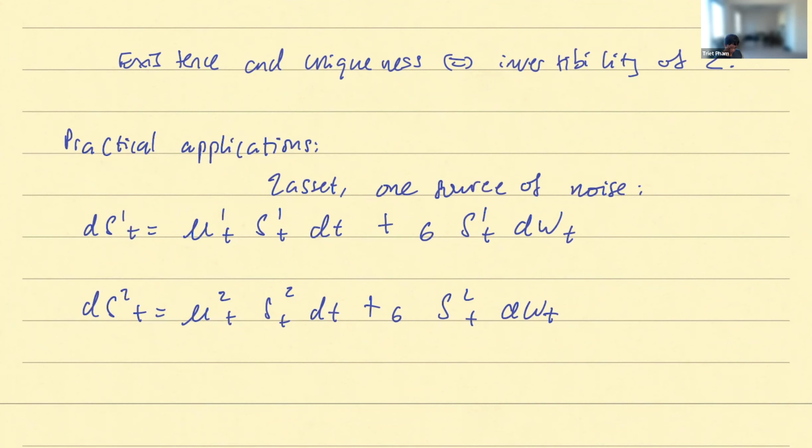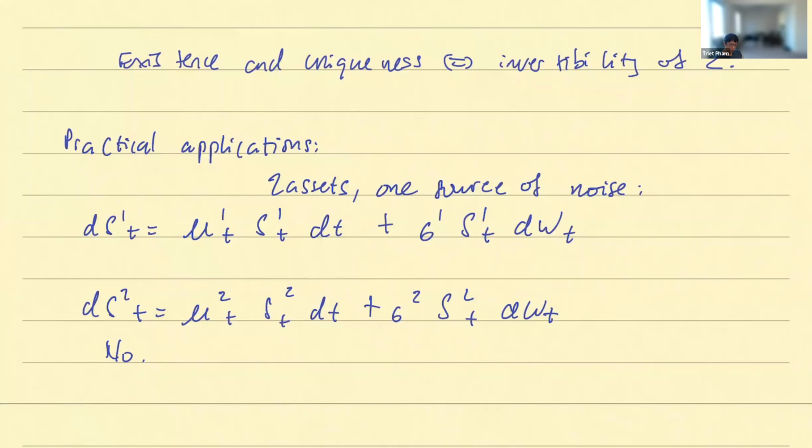Sorry, I would want sigma 1 and sigma 2. Can you do 2 assets and 1 source of noise? Nope.